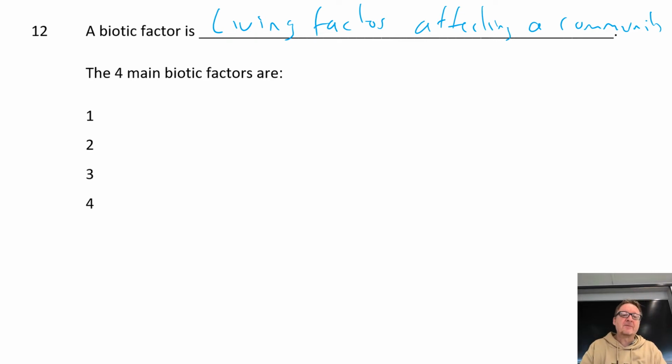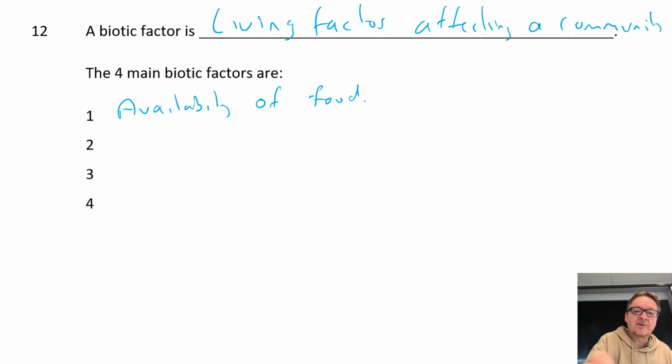Right, 4 main biotics, so biological ones, right, is your availability of food. Okay, if you've got no food, it's going to affect you. Another one is a new predator. Okay, right, so if you're living in Britain and all of a sudden tigers are introduced, right, then that's a pretty significant biotic factor that's introduced.